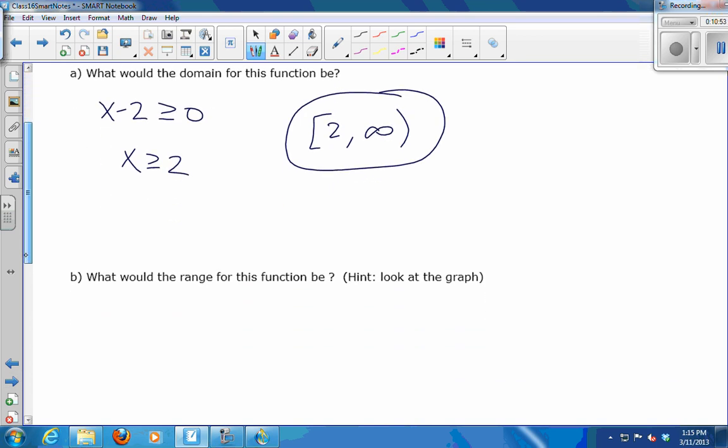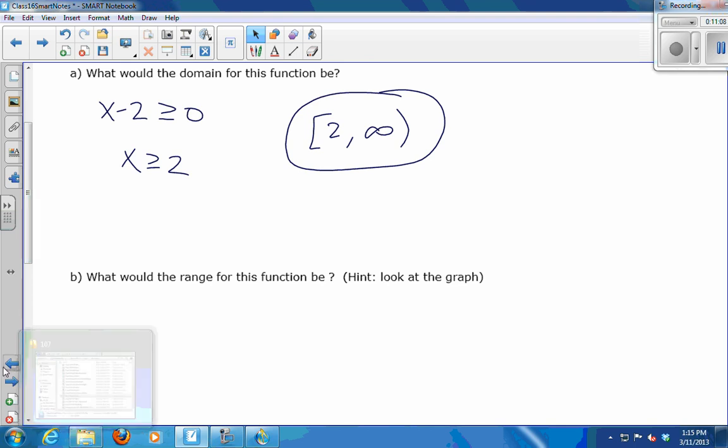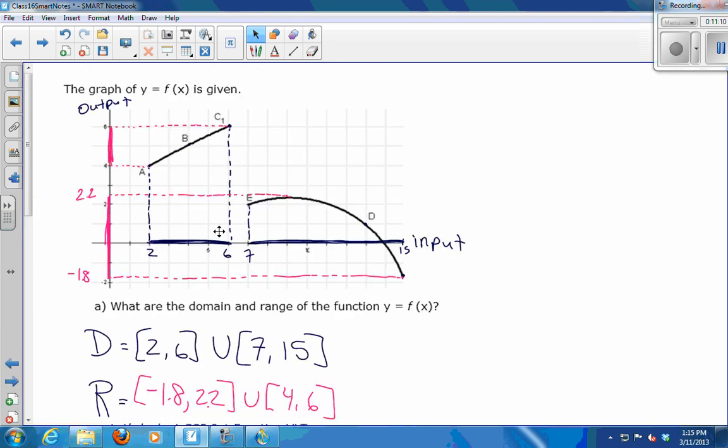So the range for this function, when you're given a formula and you want to find the range, sometimes you can think it through and figure out what kind of outputs it makes, and sometimes that can be tricky. So I'm going to show you how to do it by looking at a graph, because just a couple minutes ago we found domains by looking at a graph and it wasn't too hard.